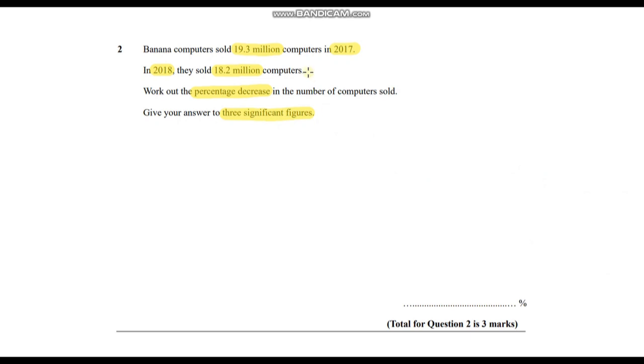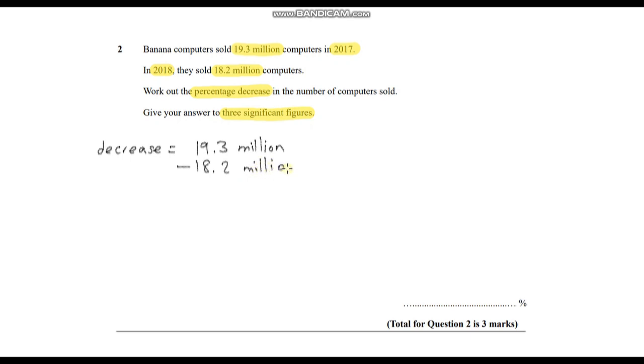So let's first of all work out what the actual decrease was. How many fewer computers did they sell in 2018 compared with 2017? Well, it's going to be 19.3 million take away 18.2 million.